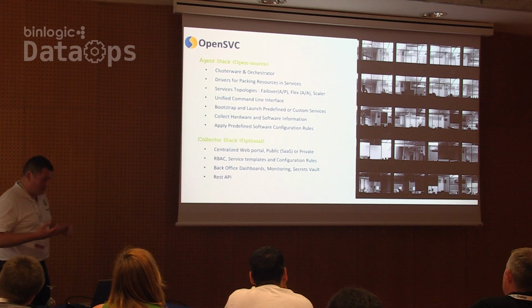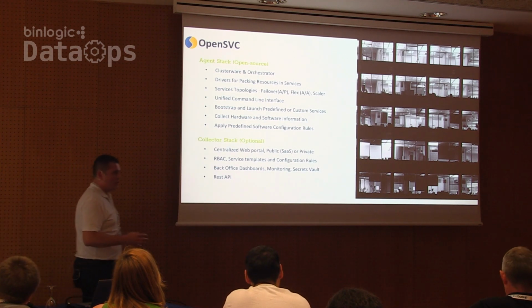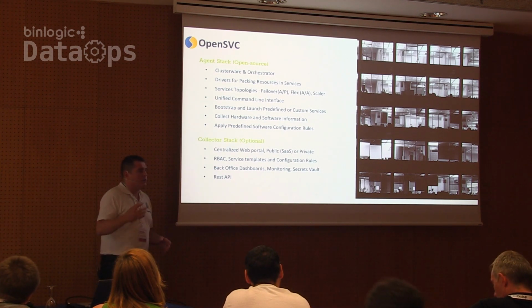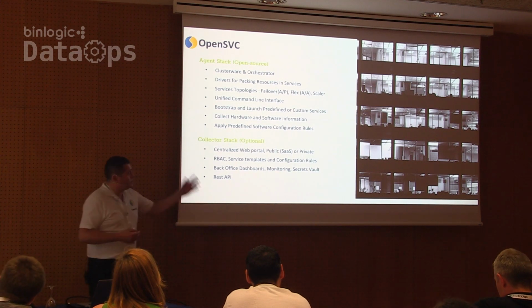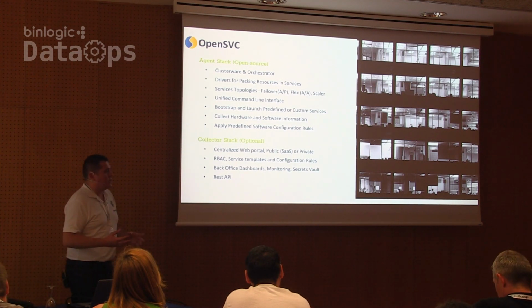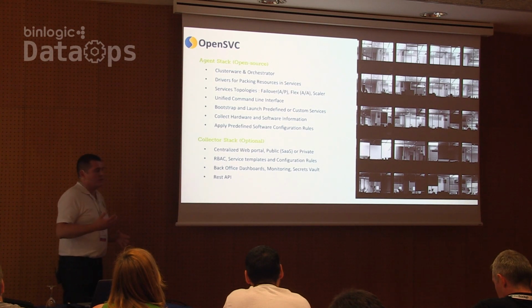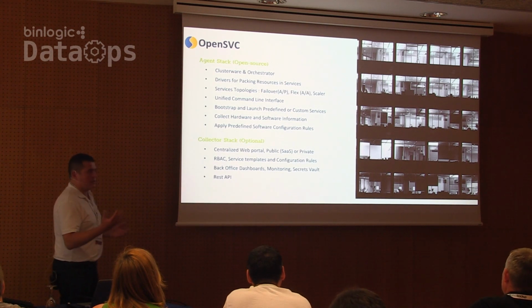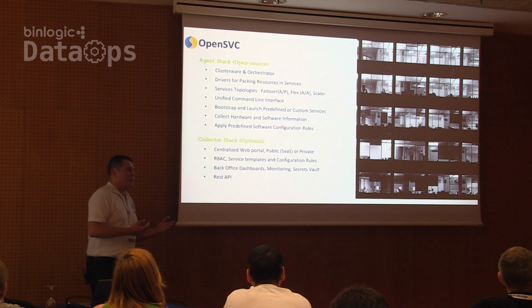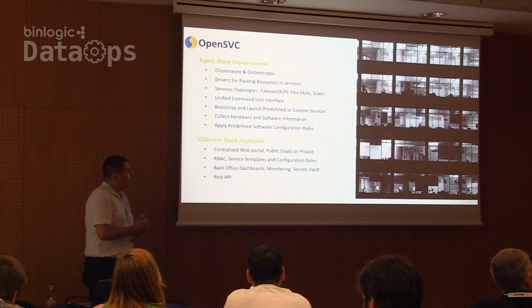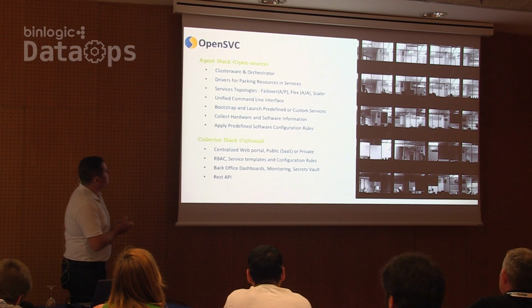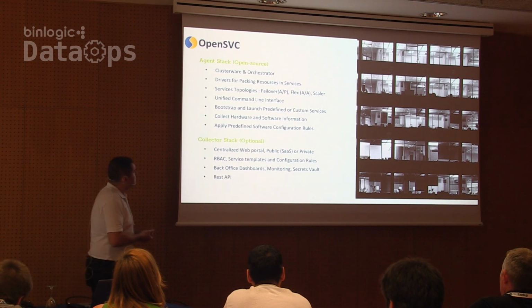Unified command line: what this means is that you build services on top of different technologies, like Docker, like LXC, like Solaris Zone or whatever, and you have a command set for all of those technologies, which is convenient when you have to delegate the simplest tasks to lower skilled people. There's a system for templating, of course, and doing stuff industrially.